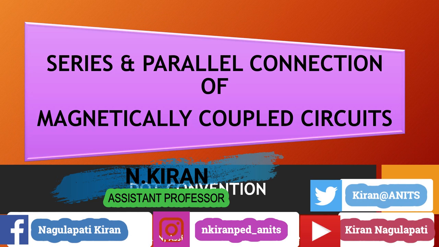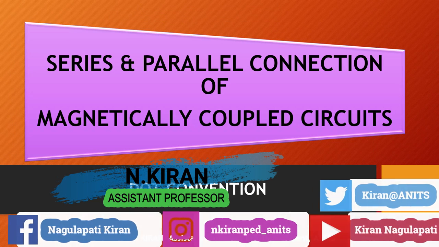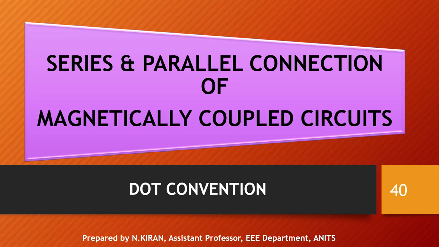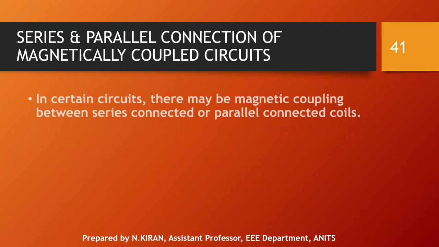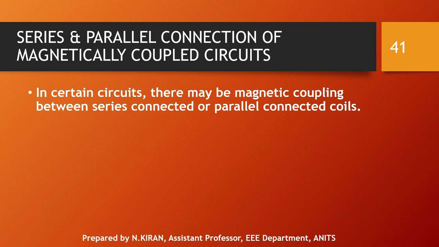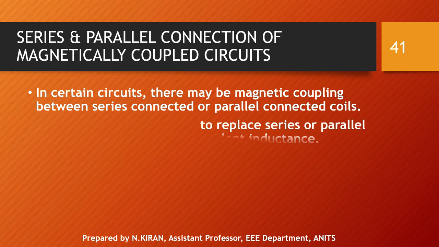The last theoretical concept in today's lecture is the series and parallel connection of magnetically coupled circuits. In certain cases that we have studied, the magnetic coupling existing can either be series connected or parallel connected.